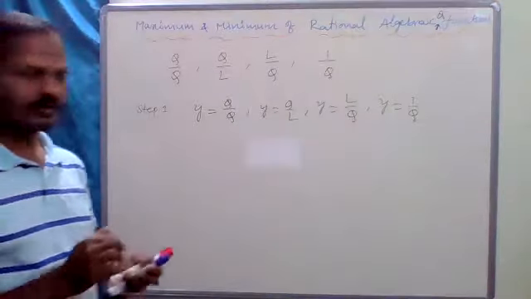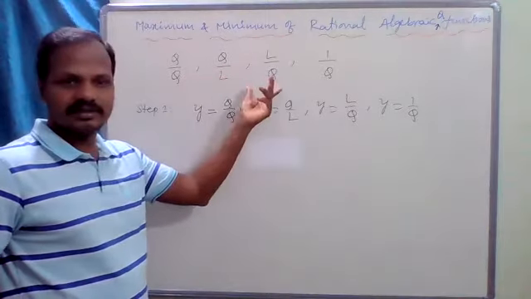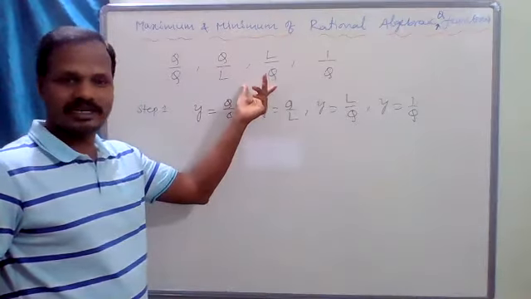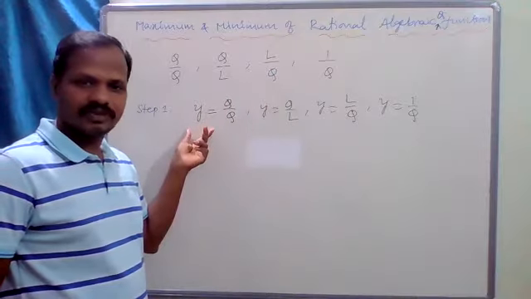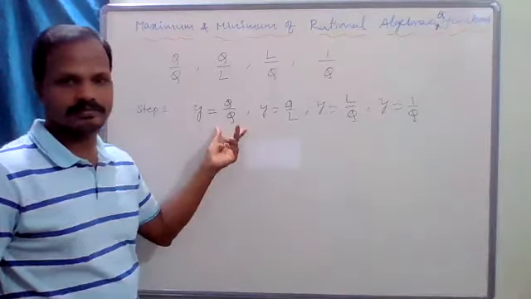What you have to do? First of all, you have to express this quadratic rational function with y, that is y equal to q by q. Okay, now this is the first step.